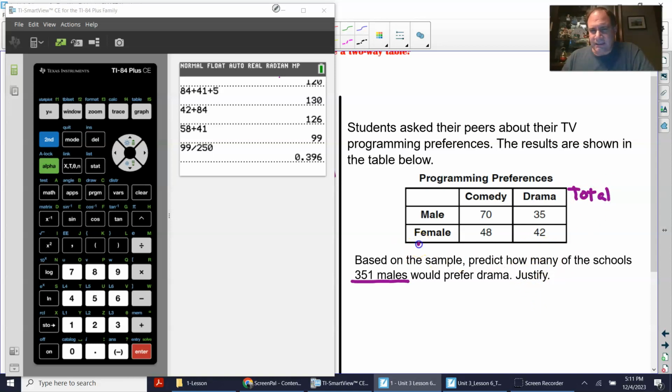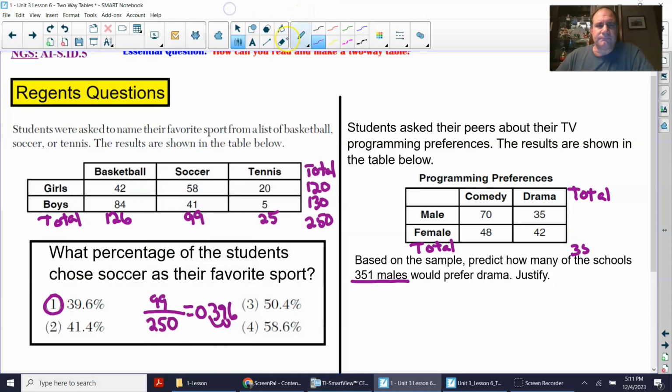Just to get things in perspective here, this is 351. Let me add them up.